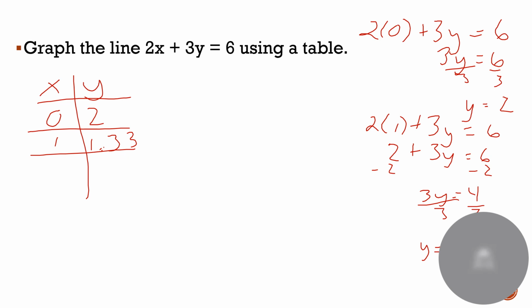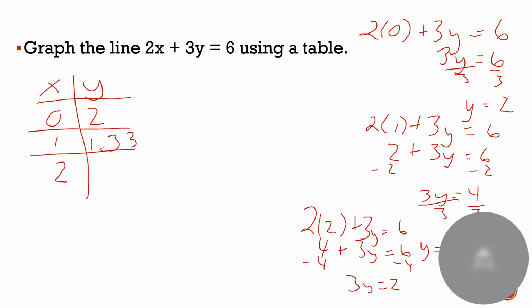Let's try X is equal to, I guess let's do X is equal to 2. So 2 times 2 plus 3y is equal to 6. So 4 plus 3y equals 6. Subtract 4. So 3y is equal to 2, and divide by 3, and I get y is equal to 2/3. Also not thrilled with that.